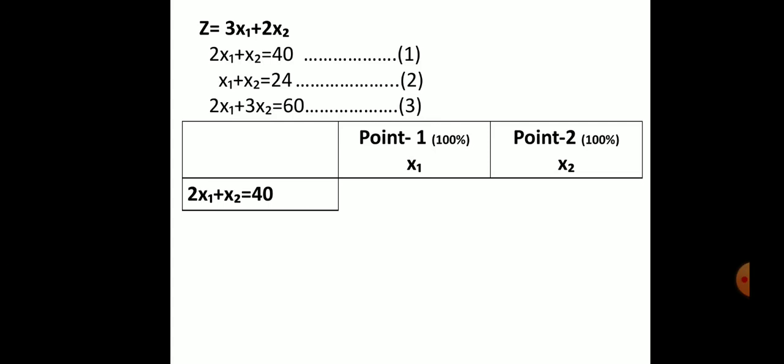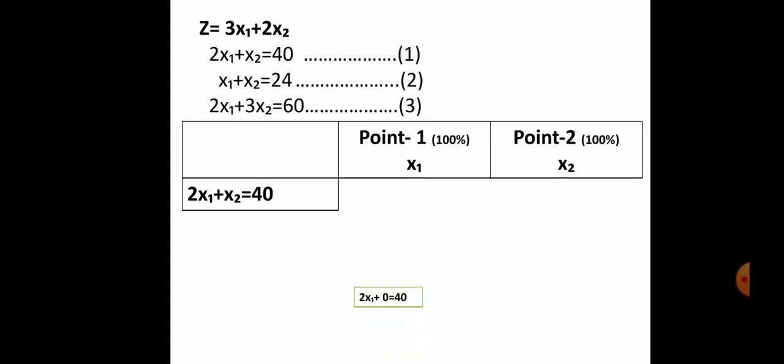According to the first equation, 2 times x1 plus 1 time x2 is equal to 40. In point 1, we have to consider that we are producing only product x1. So how many units of x1 are we going to produce?